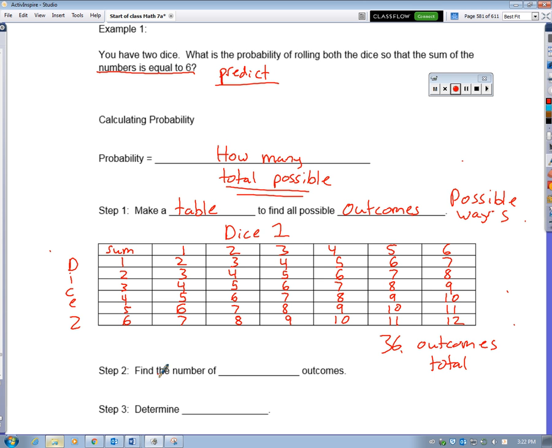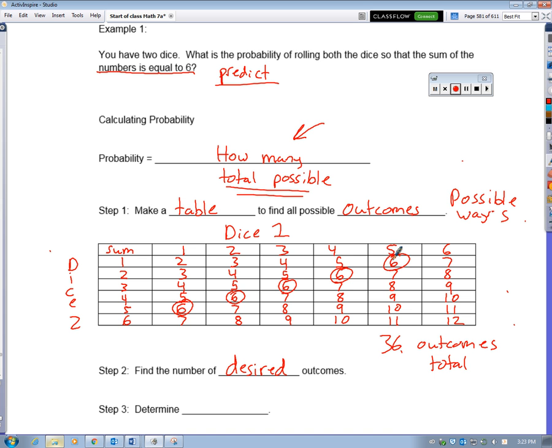Now we're going to find the number of, we'll call it desired outcomes, what we want. So we need to find out the desired outcomes for a sum that is equal to 6. So we have 1, 2, 3, 4, 5.